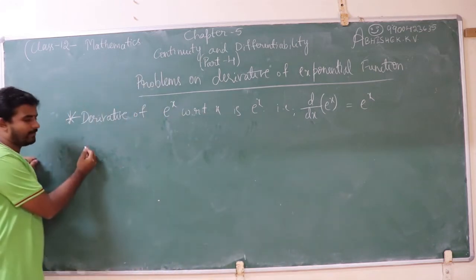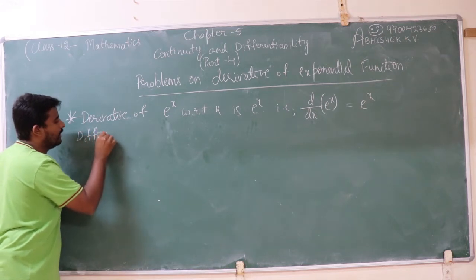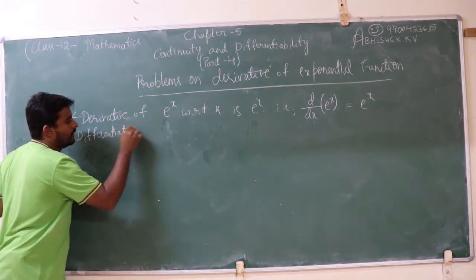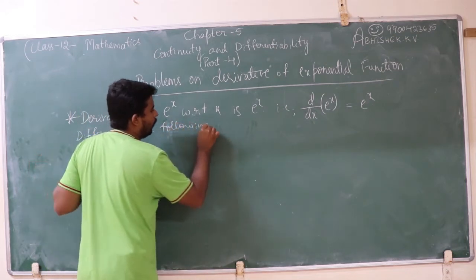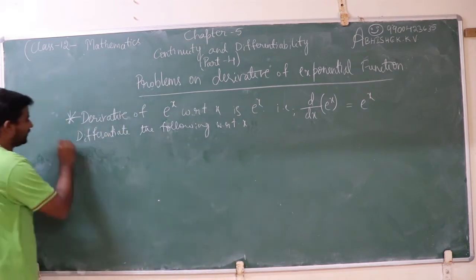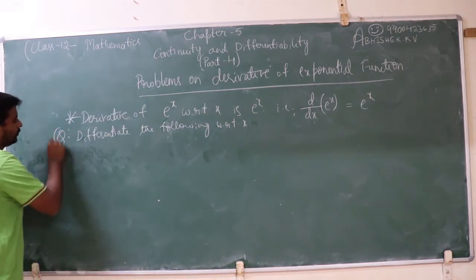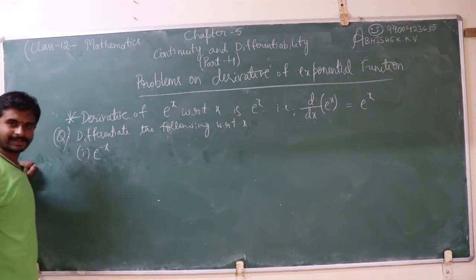See, an example of this type of question. Differentiate the following with respect to x. The first one is e to the power of minus x.